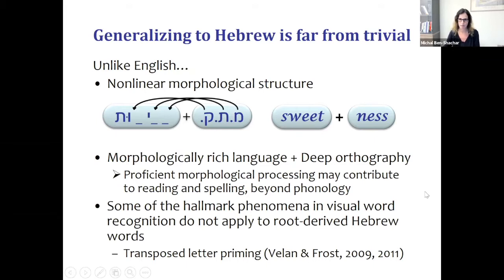So perhaps because of this, we know that some hallmark phenomena in visual word recognition do not apply to root-derived Hebrew words. So it's far from trivial that we're able to generalize the behavioral component of what I've shown you so far. And then it's also not trivial that we will generalize the association with the ventral pathways that we've seen for English.